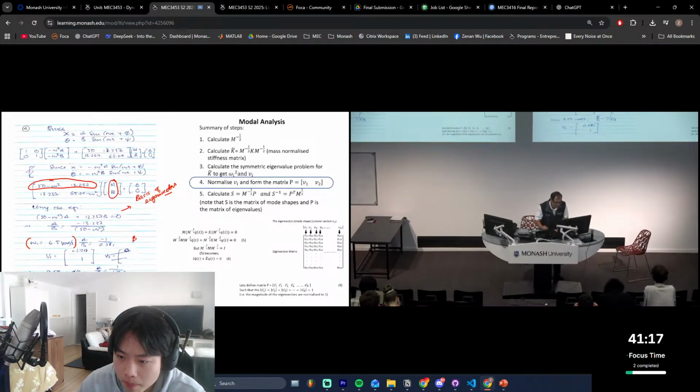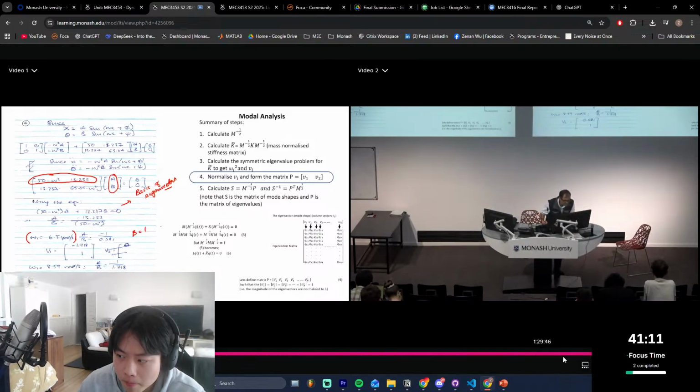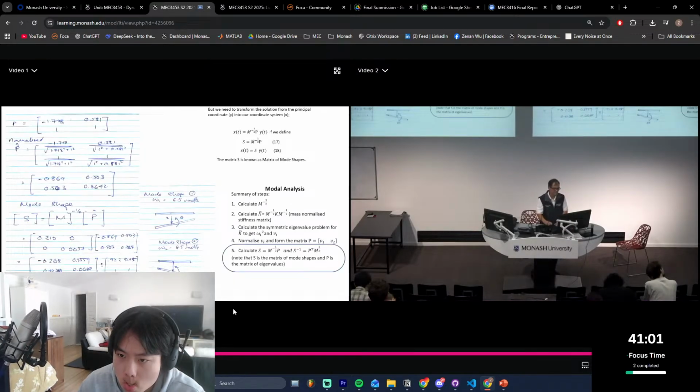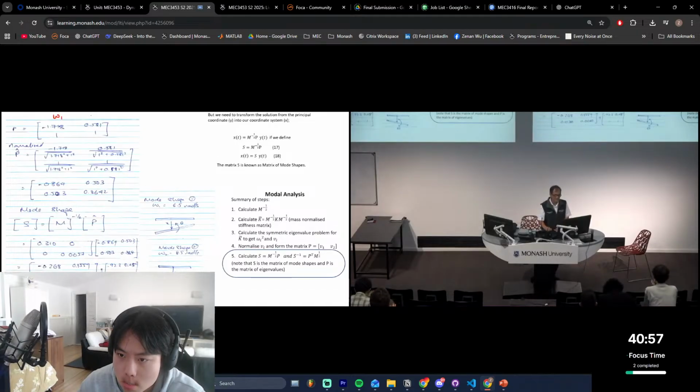So when B is equal to 1, oh, what did I do? A will be equal to 0.581. So this here will be my V1 and V2, and what I need to do is to normalize them. So this here is our eigenvectors from omega 1 and omega 2.